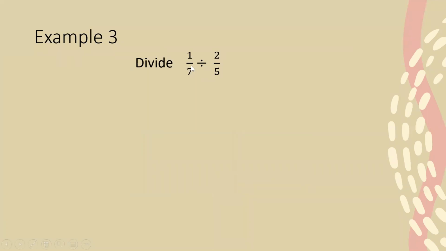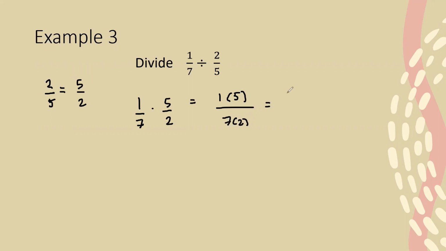In this example, we're asked to divide 1/7 by 2/5. So I'm going to write the reciprocal of 2/5, and that would be 5/2. Now to divide, we multiply by the reciprocal. So 1 times 5 on the top and 7 times 2 on the bottom.